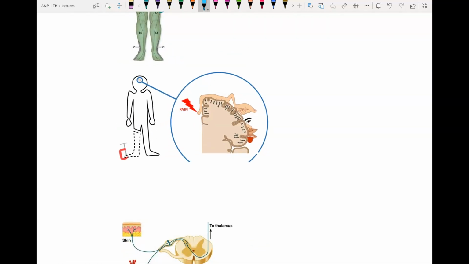Another thing that can happen is phantom pain. This is when a person can feel pain in a body part that is no longer there. So this is common for people who have had an amputation.